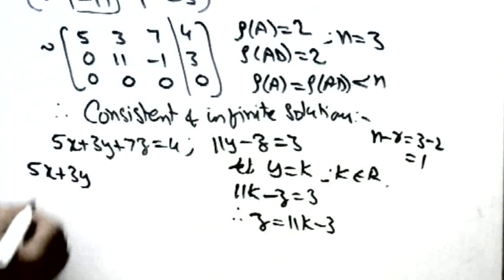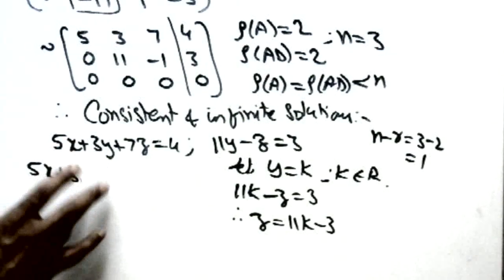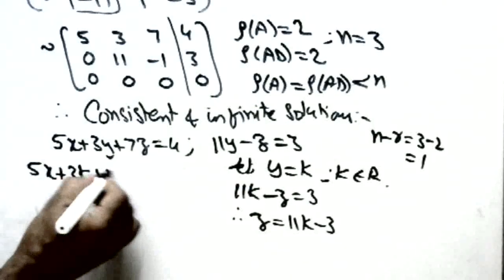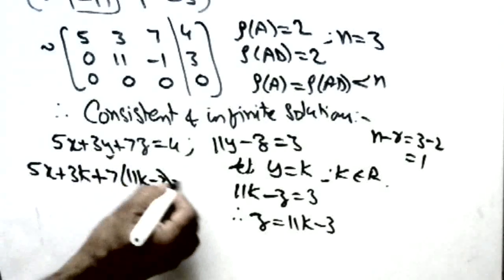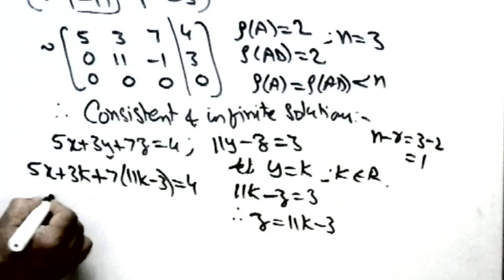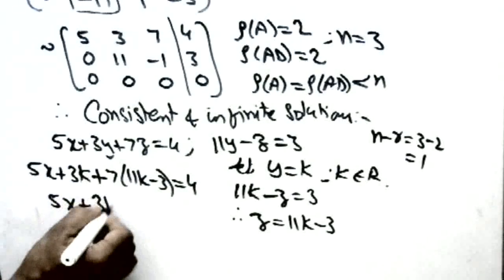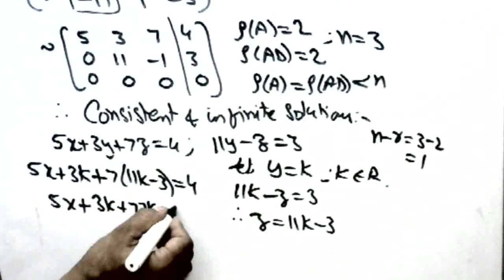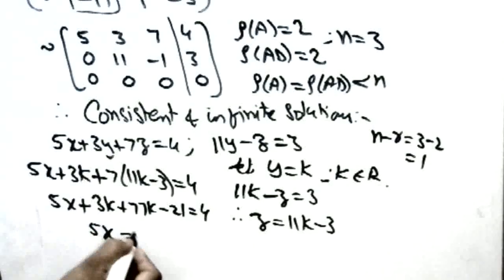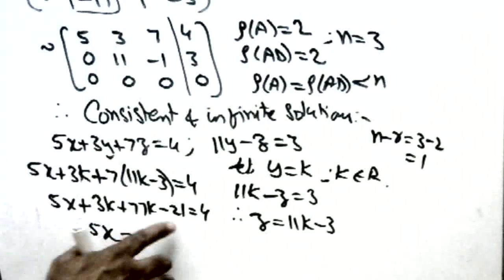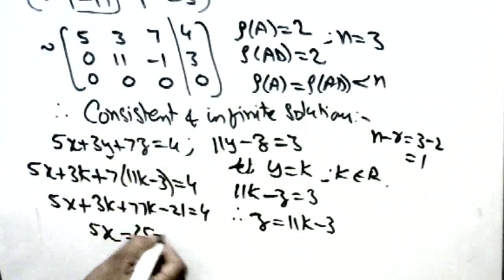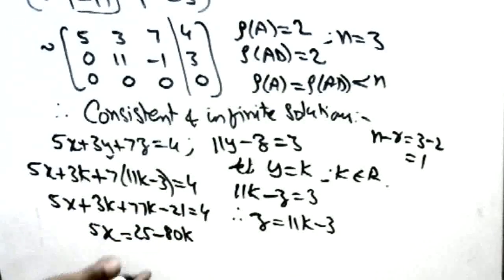So 5x plus 3 into y, we kept the value of y as k, plus 7 into z, which is 11k minus 3, equals 4. Now if we solve, 5x plus 3k plus 77k minus 21 equals 4. Now 5x equals 21 plus 4, 25, and 77 plus 3, 80, so 80k on the other side becomes minus 80k.